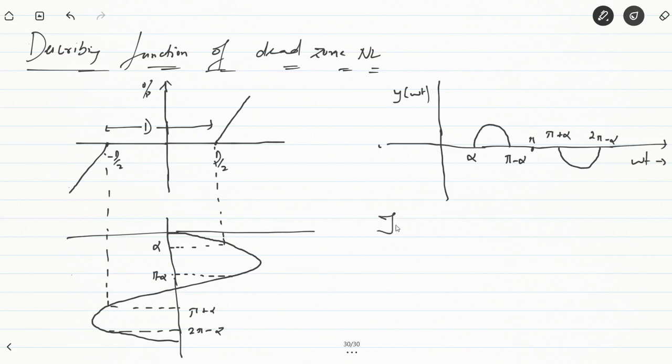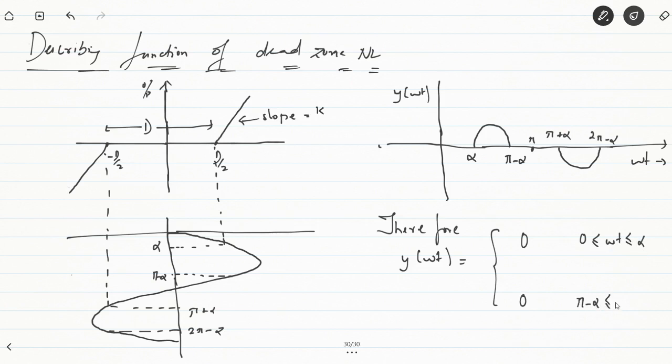So therefore, and also assuming that the slope of this dead zone is equal to k, what we see is our output basically will be equal to 0 from 0 to omega t equal to alpha, and it will again be 0 from pi minus alpha to pi. Fine.